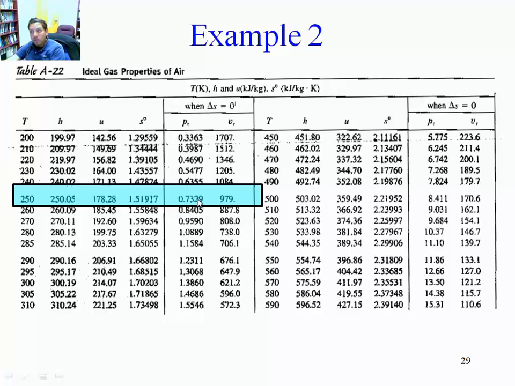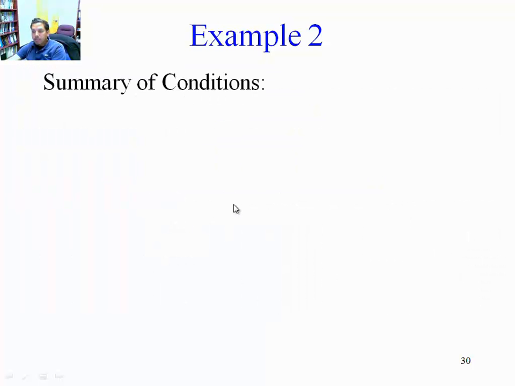Well, that's a coincidence because normally you'll find something that doesn't match and you have to interpolate in between two values. But luckily, PR is equal to 0.7329, and that matches exactly one entry in the table. That means that temperature 1, the temperature that corresponds to that PR, is 250, entropy is 250.05, energy is 178, so on and so forth. So we use those values and plug them in the table.